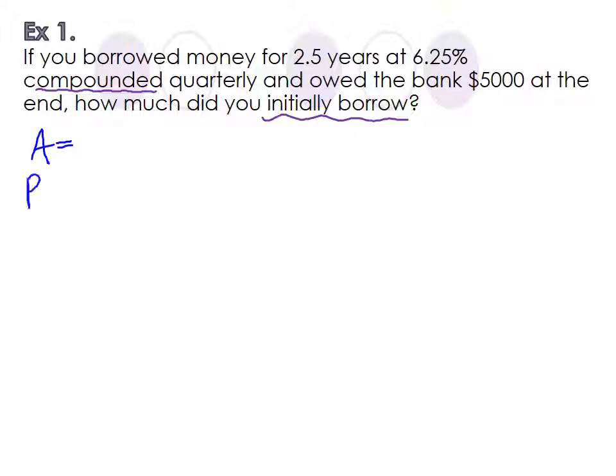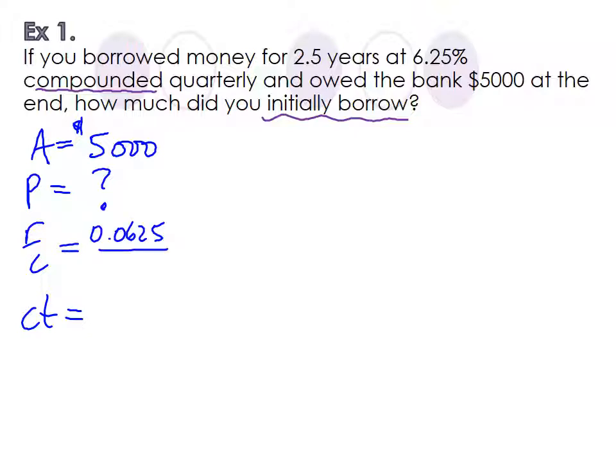Start out like we did before. A equals P (1 plus R over C) to the CT. The final amount, it says you owed the bank $5,000 at the end. So your future value was $5,000. It's asking you how much did you initially borrow. That's our question mark. Our interest rate, 0.0625.